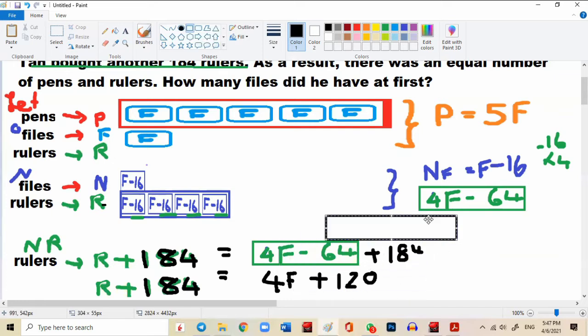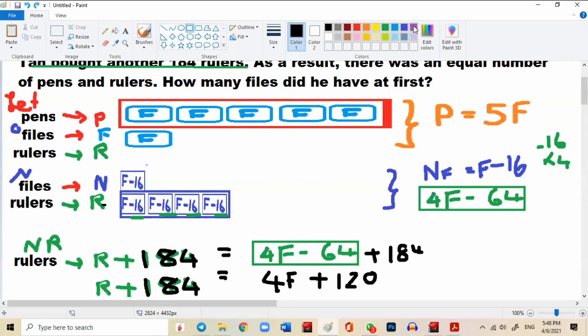Okay. Understand, Gavin? Yeah. Okay. You see, this question wants files. So we must try to get rid of all the pens and rulers because nobody wants them. We want the files. So we must find rulers and pens in terms of files for comparison. All right. See, now you understand now.